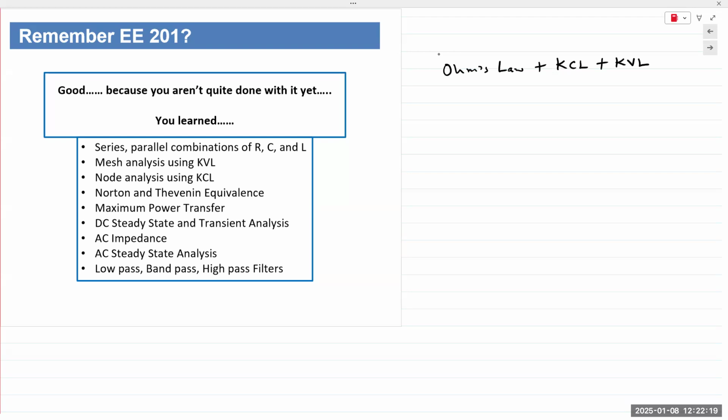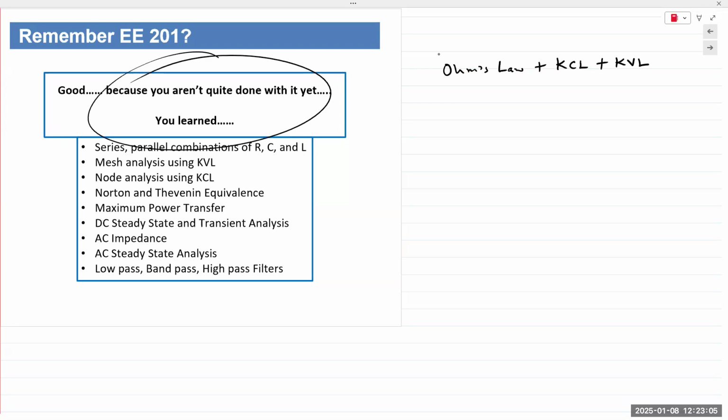These are the only three equations, the only three principles that you need to be familiar with. Your node voltage methods, mesh current methods, power equations, everything is based on these three equations, okay? So when we move from circuit analysis to circuit analysis of electronic devices, we'll have different models. But once we have those models, the circuit analysis techniques remain exactly the same as those in 201. Hence, we are not quite done with it yet.